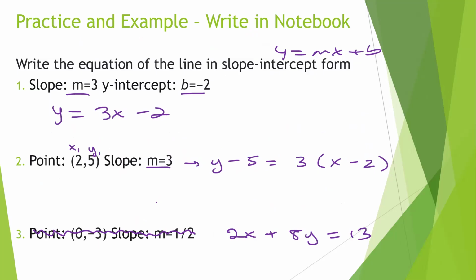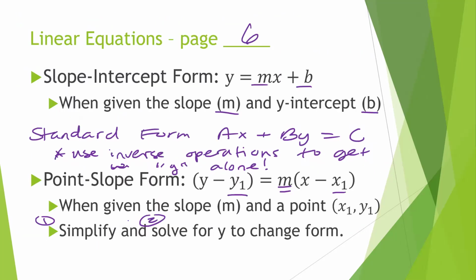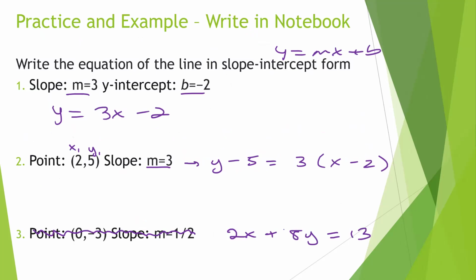To get it into slope-intercept form, it says we need to do what? Simplify and solve for your y. Simplifying means you get rid of parentheses. How do you get rid of parentheses? You distribute. So we have y minus 5 equals 3x minus 6. So we simplify, and now we're going to solve for y.